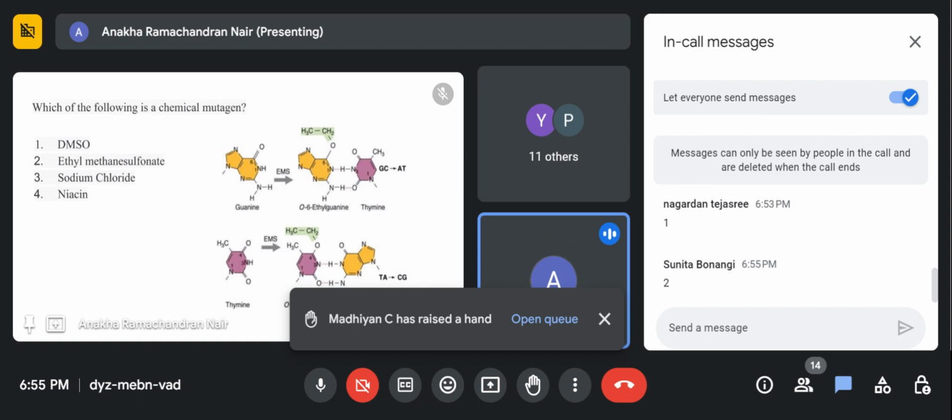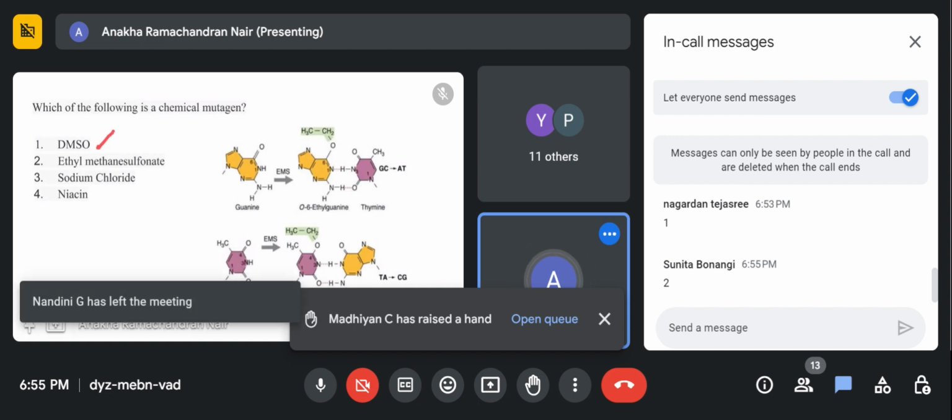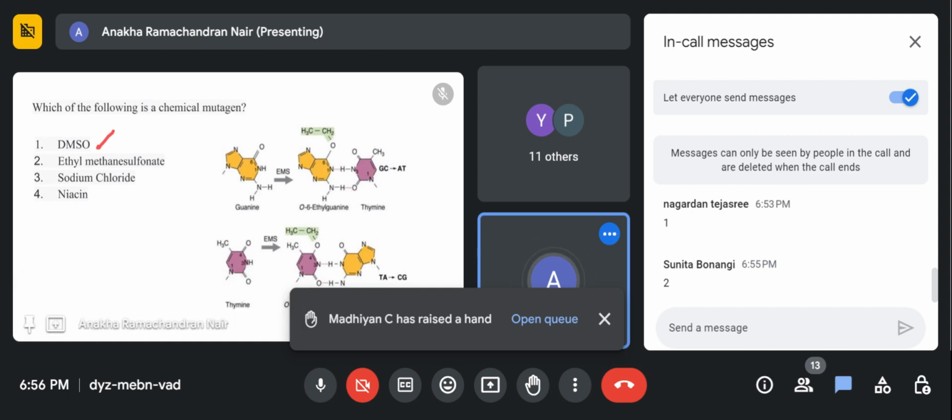Ethyl methane sulfonate is the correct answer. DMSO is an inert substance. It is usually used for forming extracts or in experiments where you don't want your compound of interest to react with anything. It's very inert. Sodium chloride is salt and niacin is a vitamin. Vitamin B3 is niacin. The correct answer is ethyl methane sulfonate.